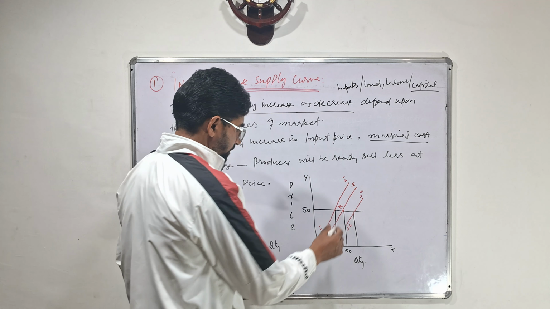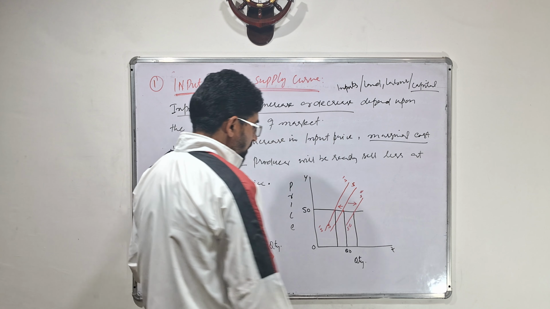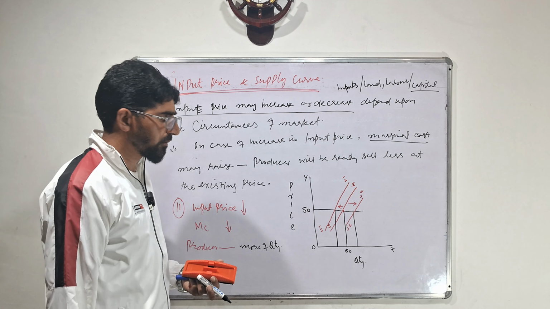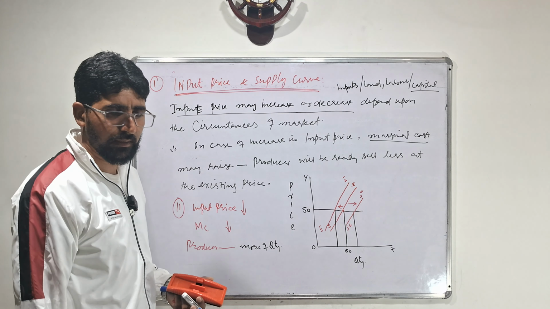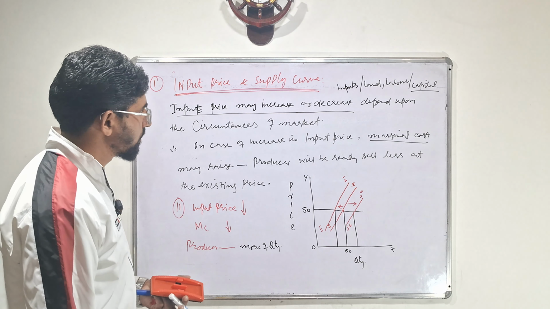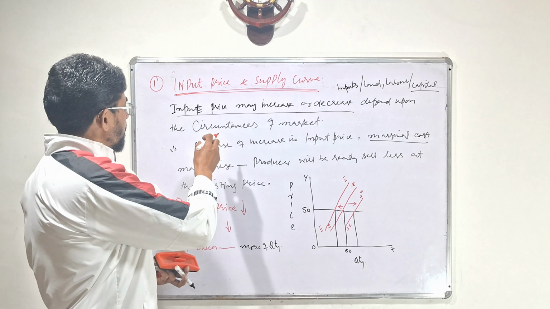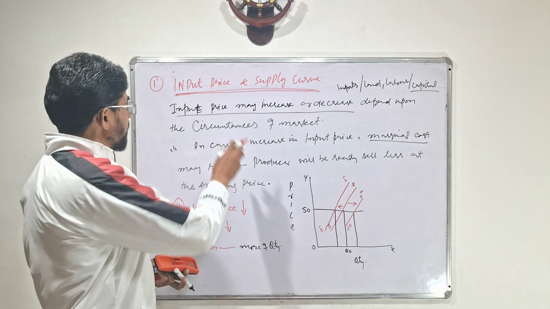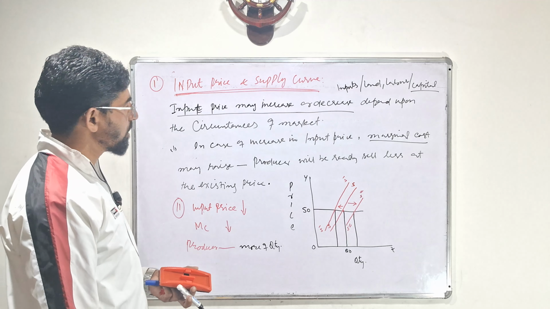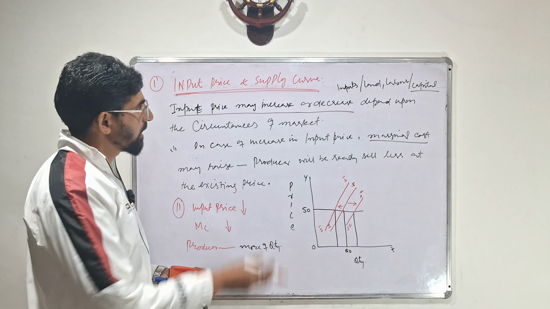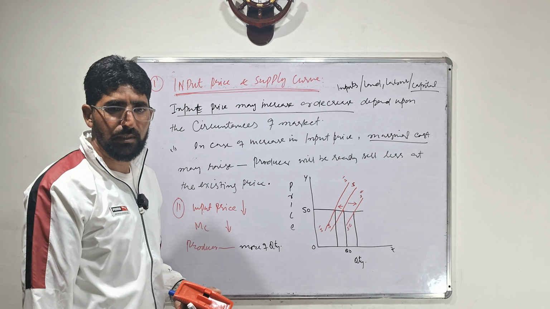What you have to remember? In the analysis of papers, they frame objective questions to know the concept depth of the student. For example, in case of a rise in input price, the producer is willing to sell less.